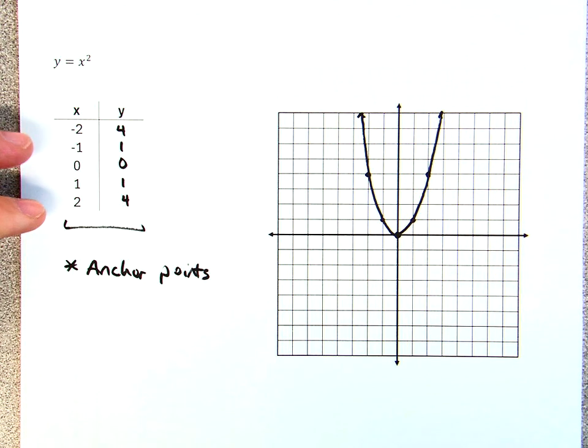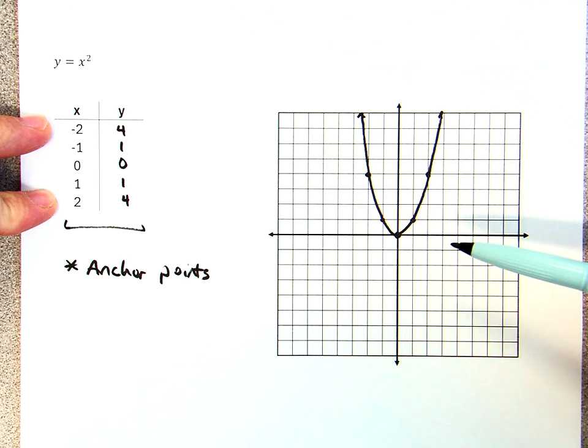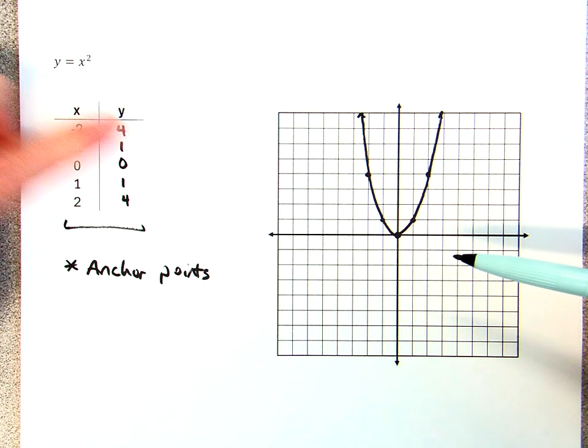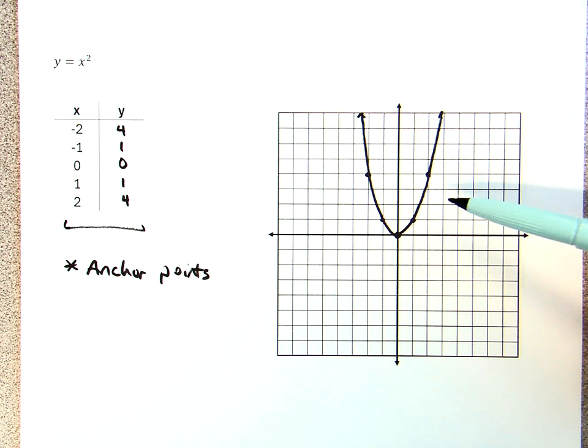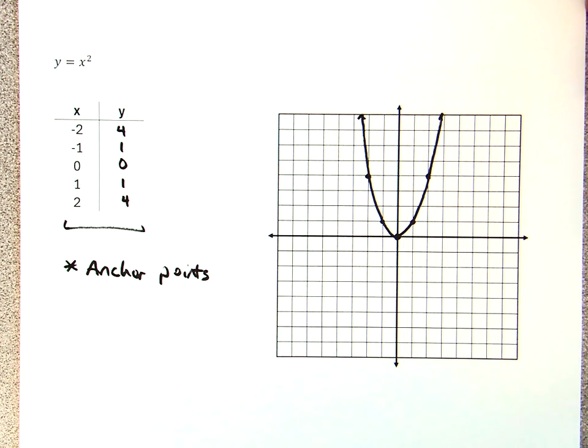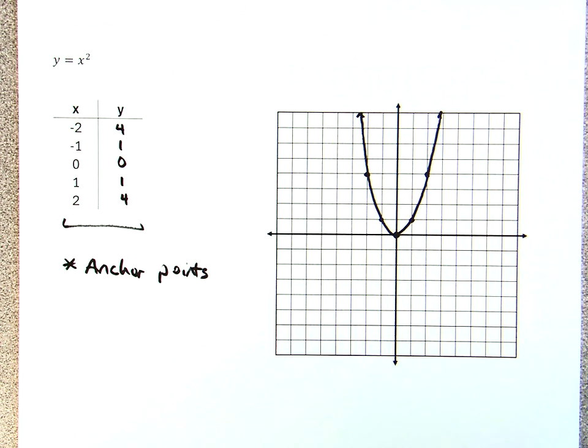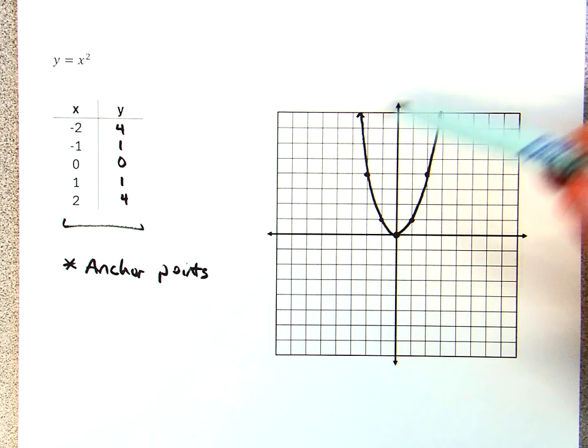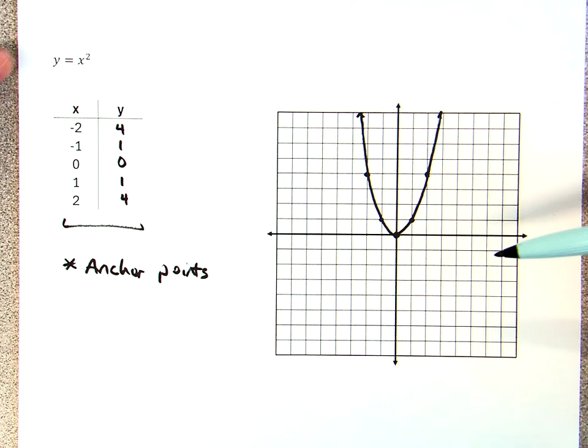So if we can look at how each transformation affects these values, then we don't need to plot the points in a table to get the graph going, but rather just move the values where we know they'll be. And this will be much quicker for us. So I'm going to continue to use this. As we move along, we're just going to see how this basic quadratic is affected by all the different transformations that we're interested in.